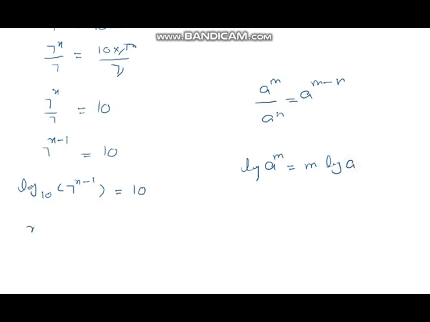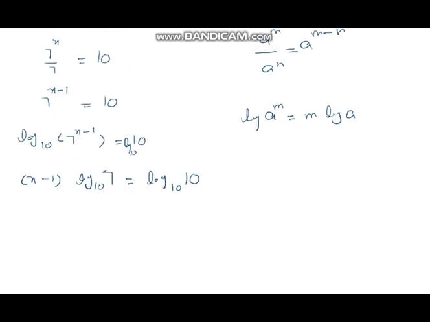Here the power is x minus 1, so (x-1) log base 10 of 7 is equal to log base 10 of 10. Now dividing both sides by log base 10 of 7.